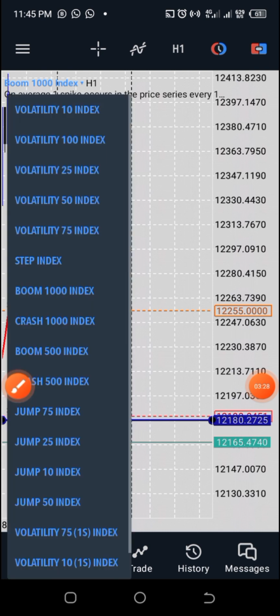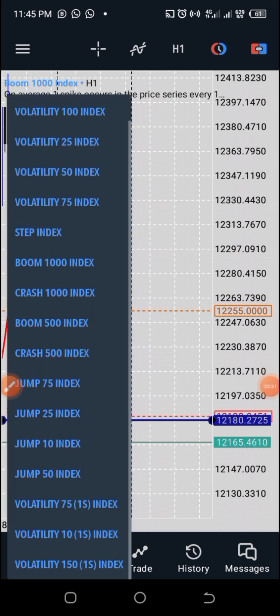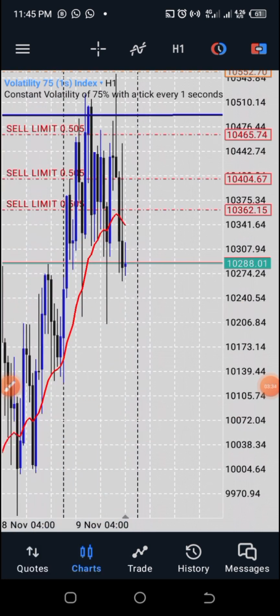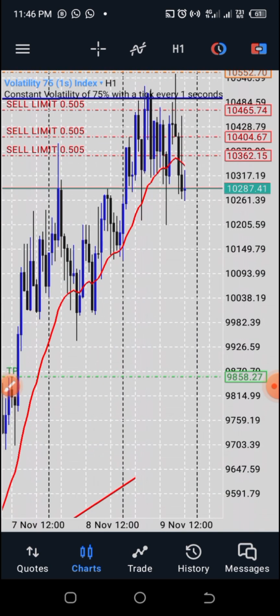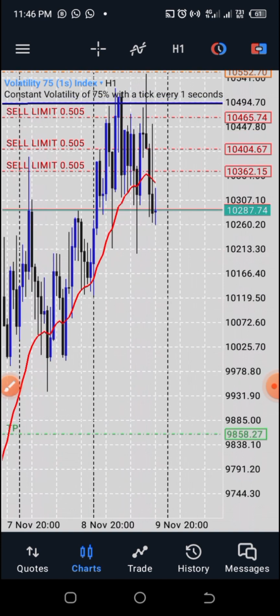Okay, so I'll look for maybe the asset I want to trade. And moreover, you can see I have used different sell limits, and I will explain that one when I reach there. But if I want to sell this market, for example, you can see the trend is not yet confirmed, but I want to sell instantly where the current market is.